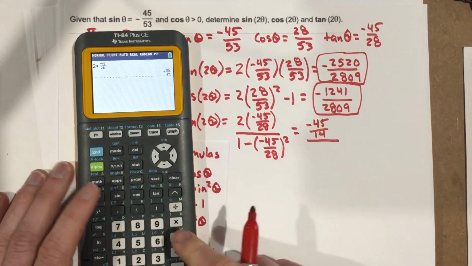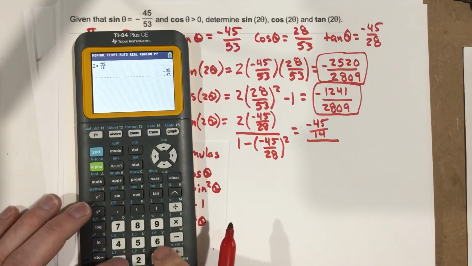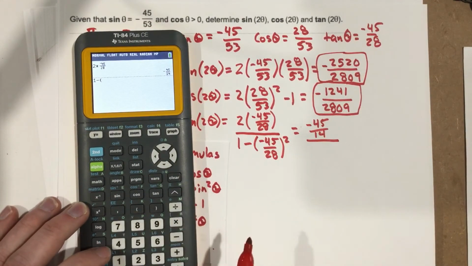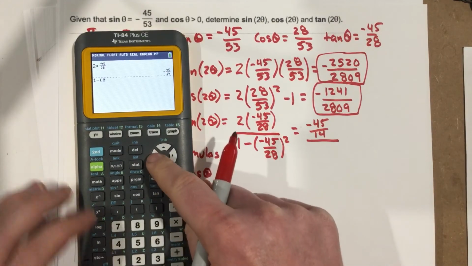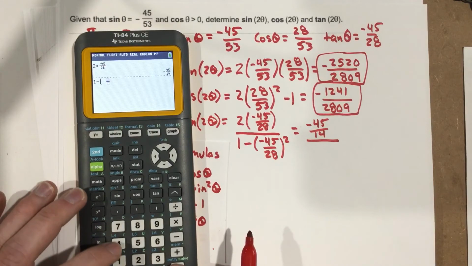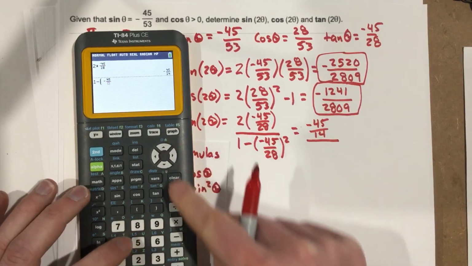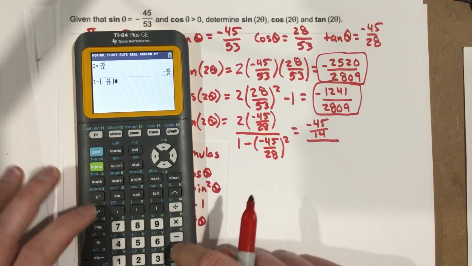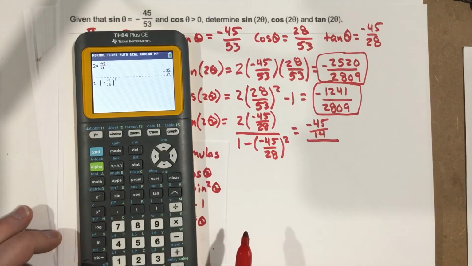Over, and let's do the bottom, so we're going to say 1 minus parenthesis negative 45 over 28 squared. Should work just fine.